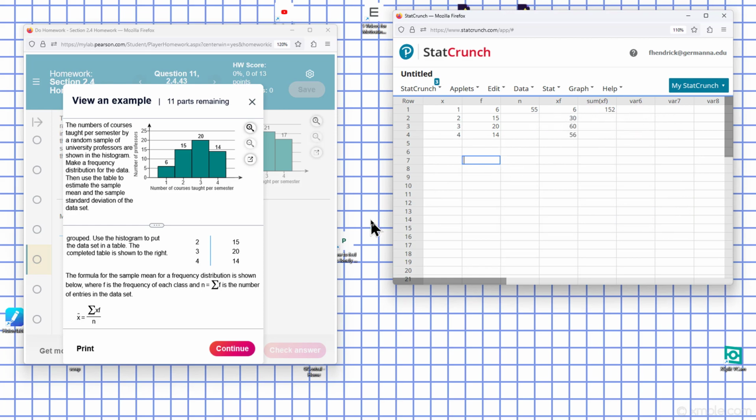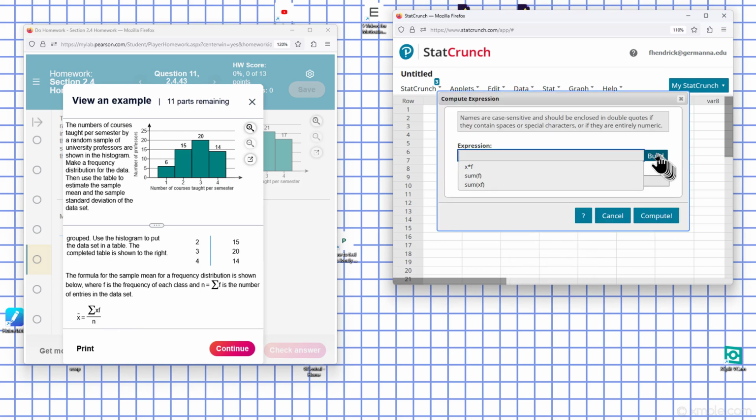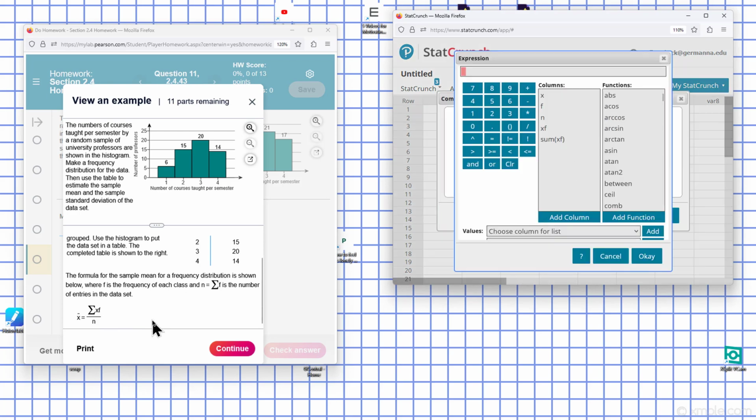So now I can find the mean, which is going to be the division of the two. So go to data, compute, expression, hit build. I want to divide the sum of the products by n. Sum of x times f divided by n.